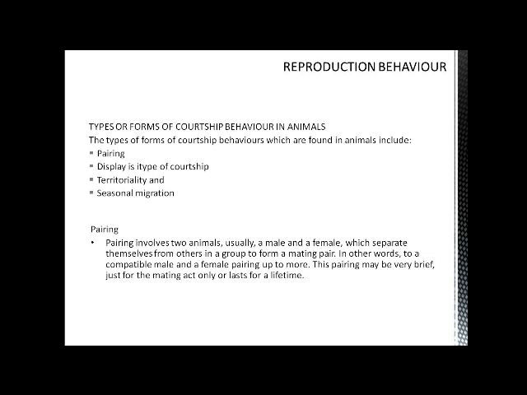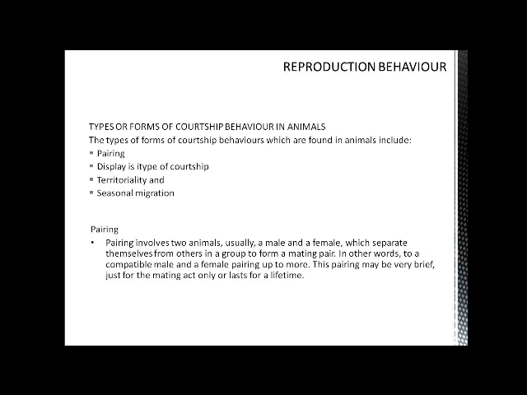What is pairing? Pairing in simple terms simply means being in two or twos. In this context, a male and a female coming together and separating themselves from others in a group to form what is referred to as mating pairs.